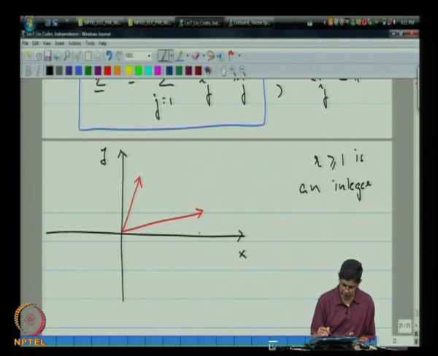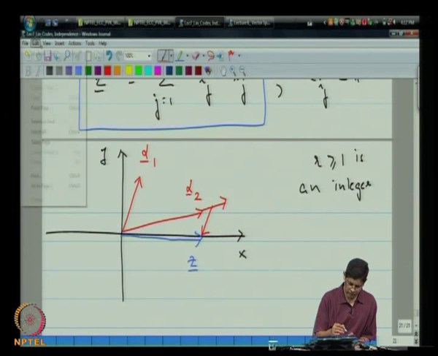For example, supposing I wanted to derive a vector along the x axis like this, okay, then what I could do is scale this to some point here, then I could figure out a parallel line here, and you can see that by scaling, so let us call these vectors alpha 1 and alpha 2, and let us say that this is your target vector z.